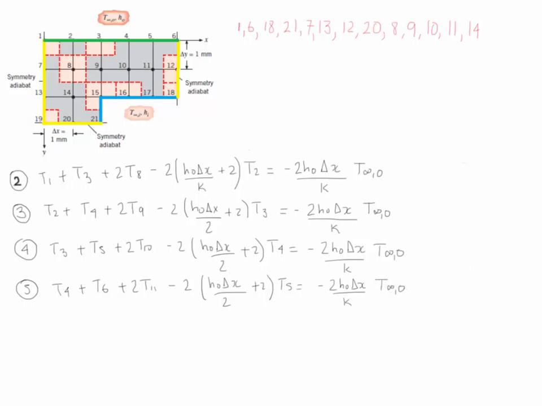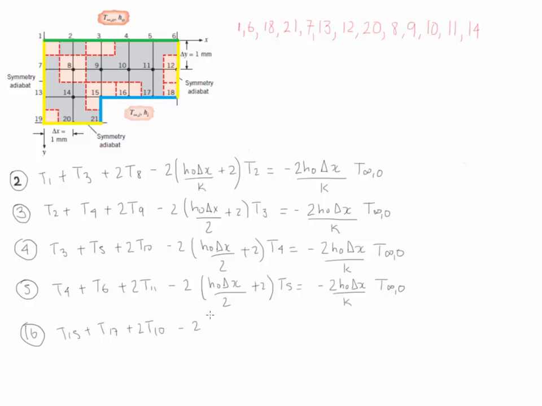For nodes 16 and 17, we use exactly the same equation. The difference is instead we're going to use HI and T infinity I. So let's define it for node number 16. The surrounding nodes are going to be 15, 17, and 10. So T15, T17, and T10.